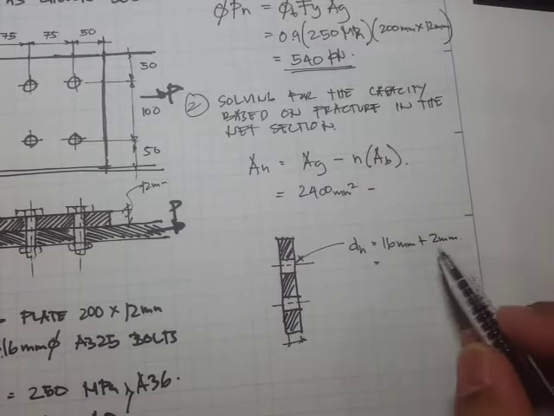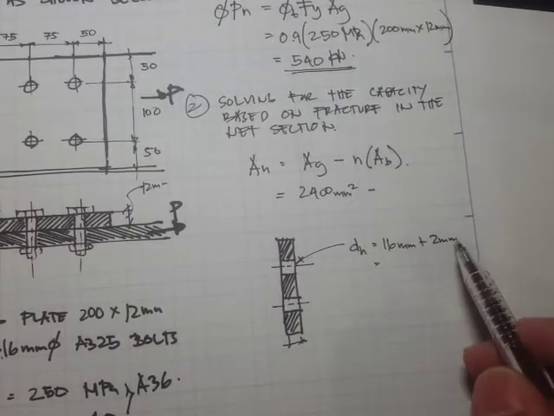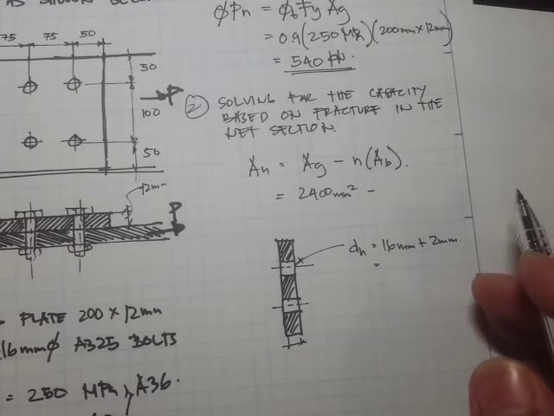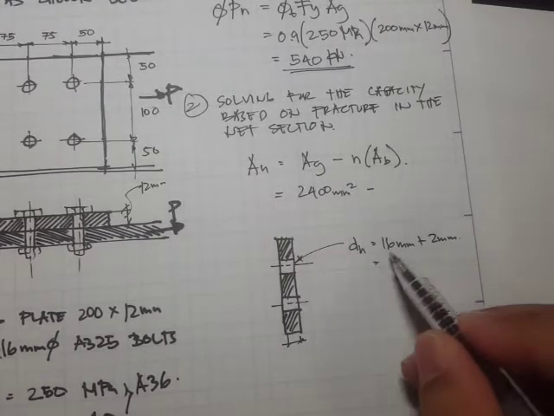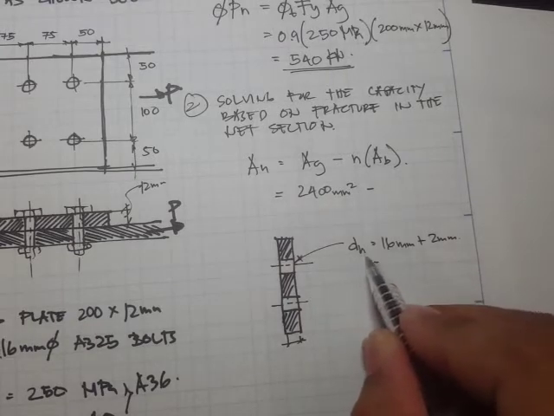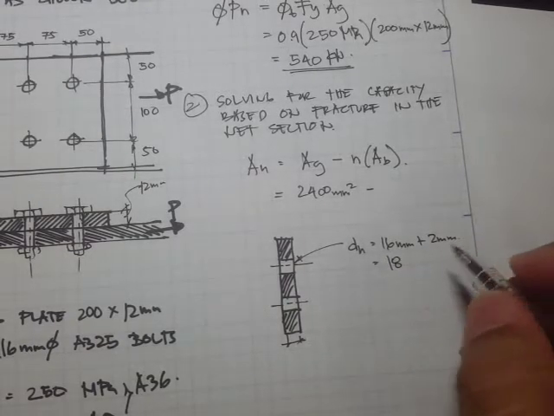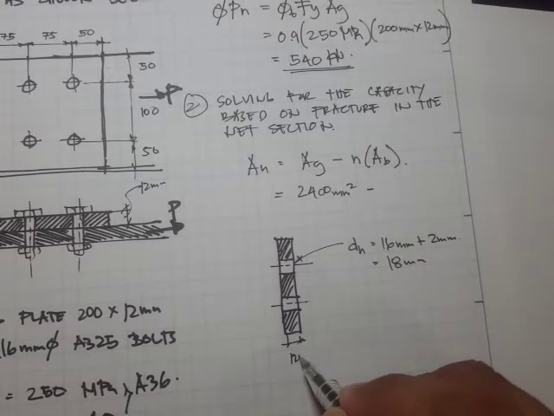For now let's just use this clearance, because later on there's going to be a specified value for the hole, when we get to the topic on bolted connections. So this is our bolt hole diameter, and that's 18 mm. For the thickness, we have 12 mm.